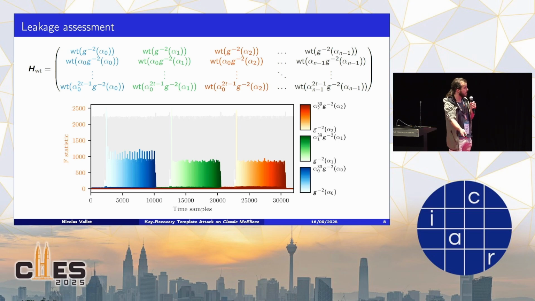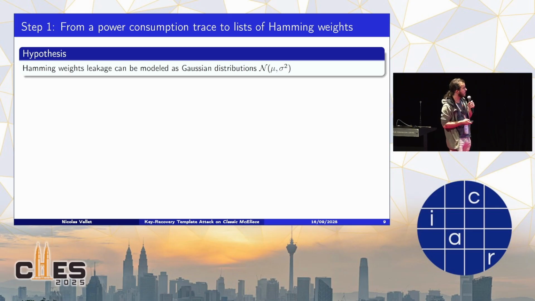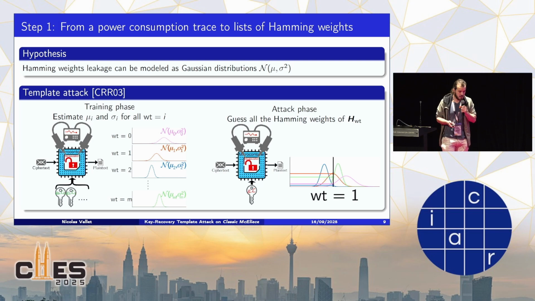Now that our hypothesis was confirmed, we performed the attack, starting with another hypothesis: that the Hamming weight leakage could be modeled as Gaussian distributions, with one Gaussian distribution corresponding to one possible value of the Hamming weight. Based on that, we performed the template attack, which is a profiled side channel attack that works in two phases.